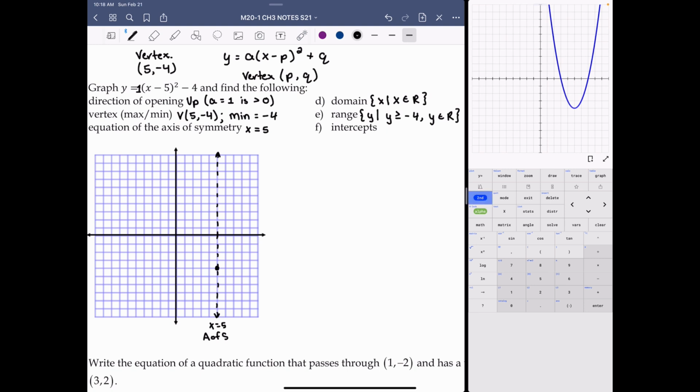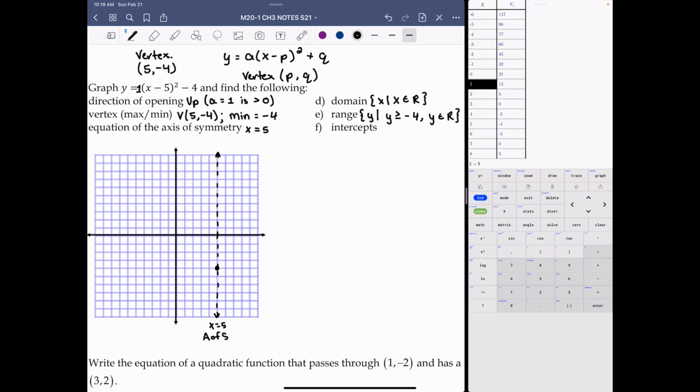We can use our table to find some values. When x is 1, y is 12, that's too high. When x is 2, y is 5. When x is 3, y is 0. When x is 4, y is negative 3. When x is 5, y is negative 4.